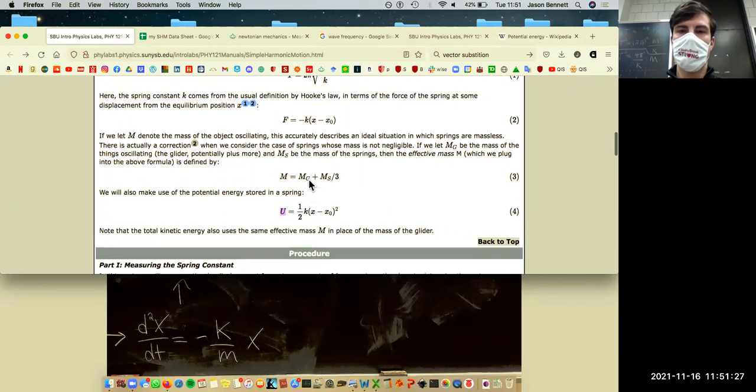Much like this equation, this is just the relationship between energy and force.